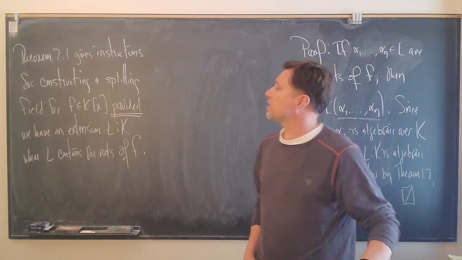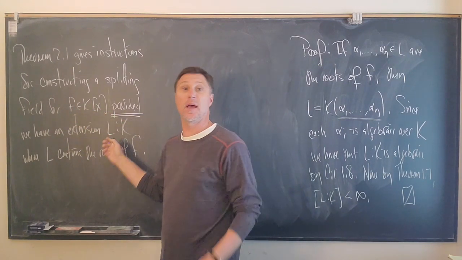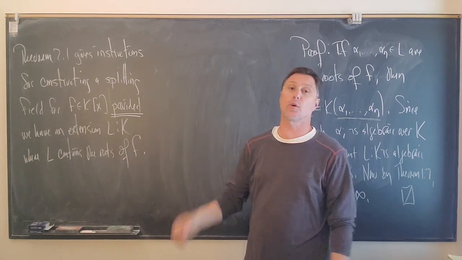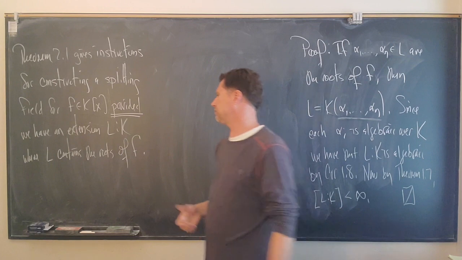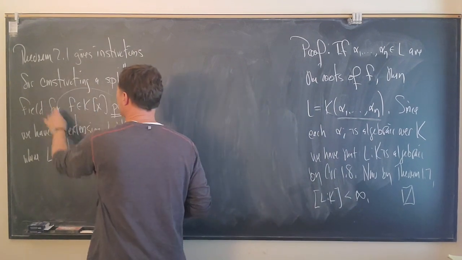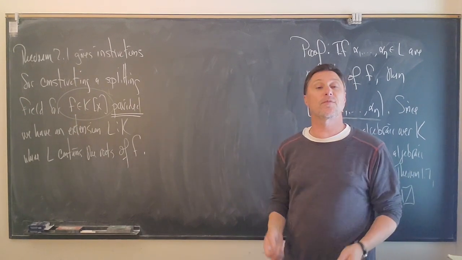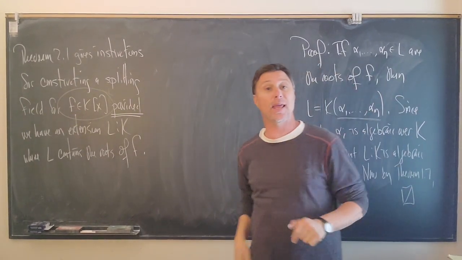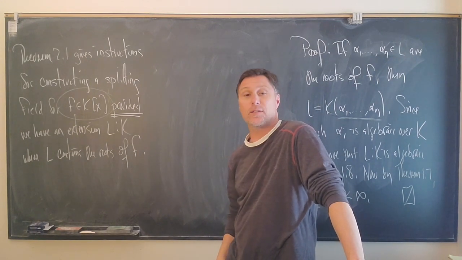So what this says is, if you're handed a polynomial and you happen to know an extension that holds all the roots of that polynomial, great. Then just do K adjoin all those roots and you've got a splitting field. But what if you're just handed a polynomial and you know the coefficients live in some field? How do you know that there's some extension L sitting out there if you haven't already been handed it? Right? How do you know that there's a place that contains those roots?